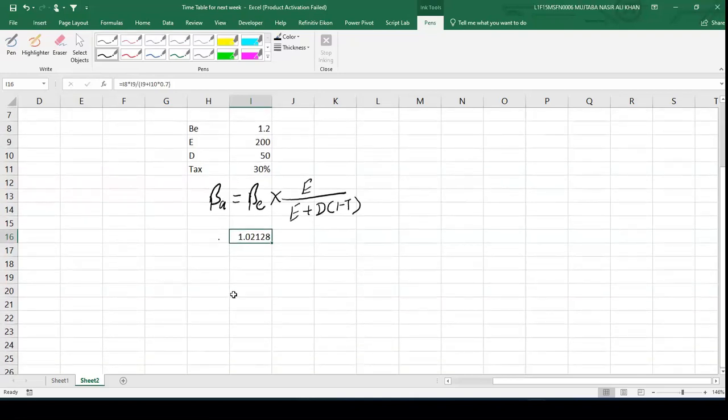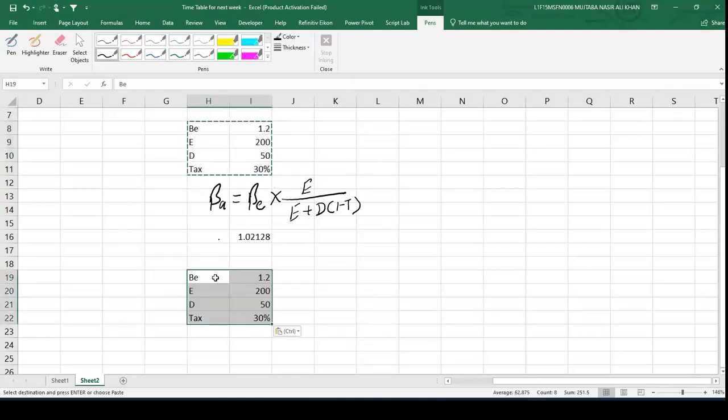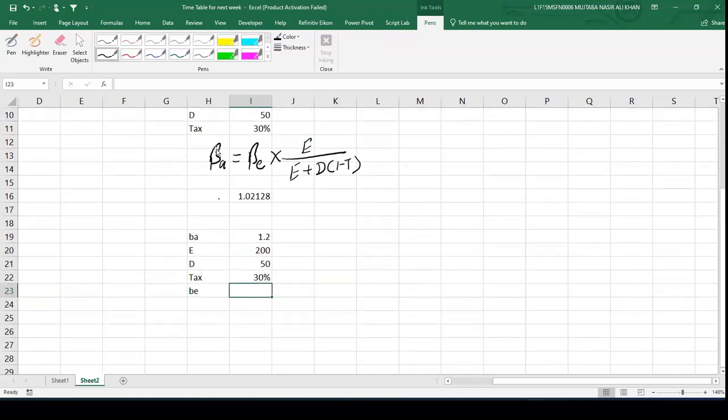Similarly, if beta asset is given and you want to calculate the beta equity, how to calculate that? So beta asset will be given. These will be given. You need to calculate this. So you have to rearrange the formula.